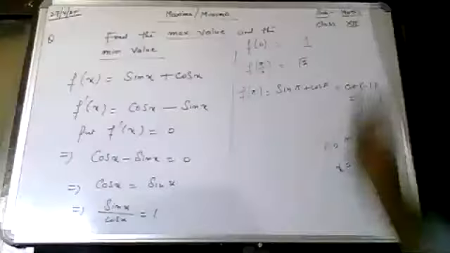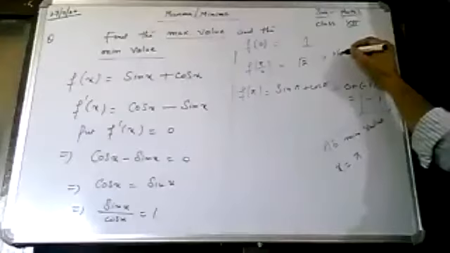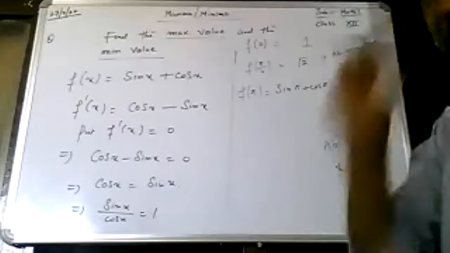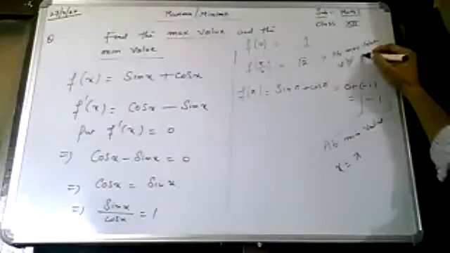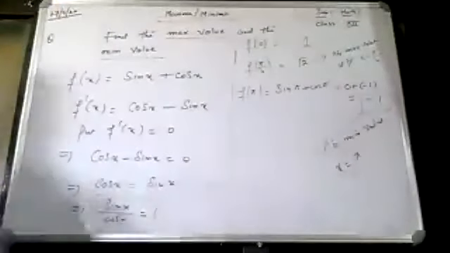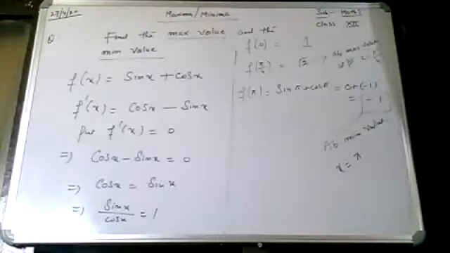Answer is 1.414. So root 2 is greater. So this is absolute maximum value at the point x is equal to pi by 4. Clear? So ये आपको क्या करना था क्लास? Find out करना था absolute maximum value and absolute minimum value. Clear?